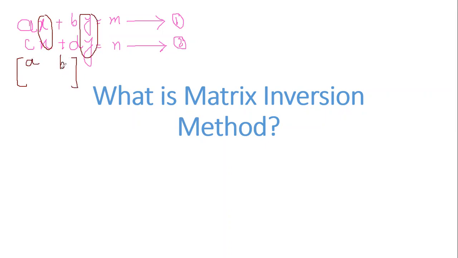The variables are x and y, and this is m and n. Now this matrix is my A. Let this equal A. This x y variable is equal to X. Then this equals B.